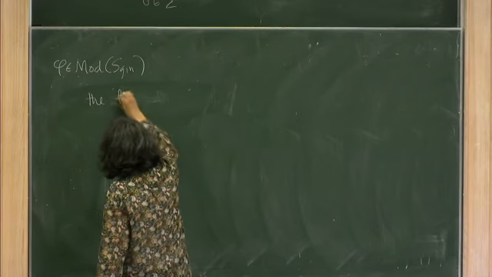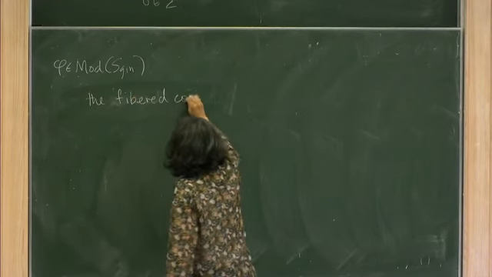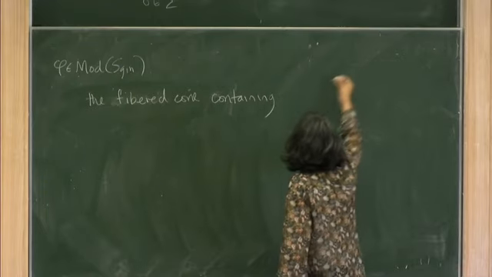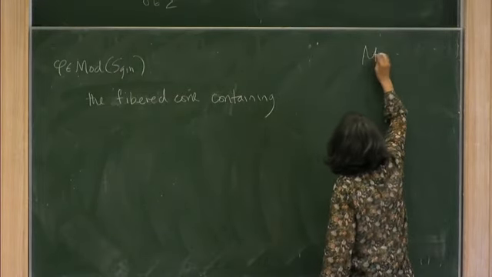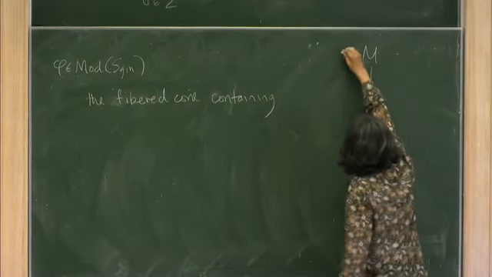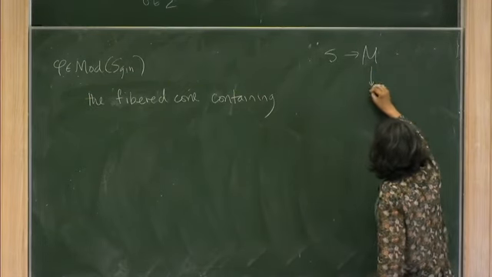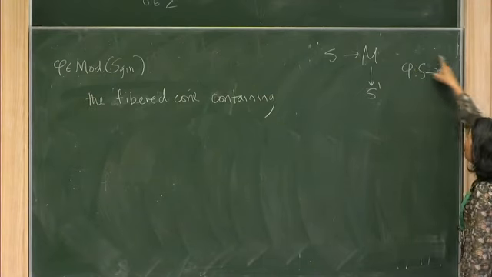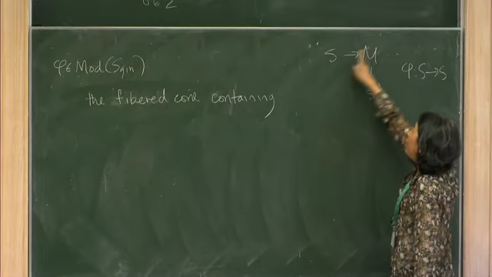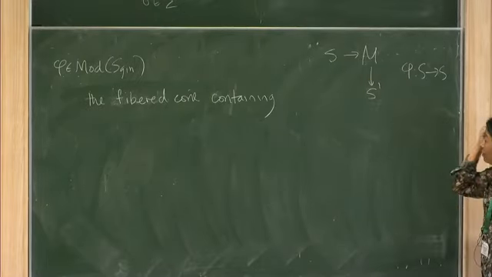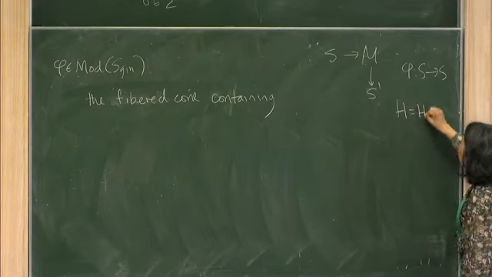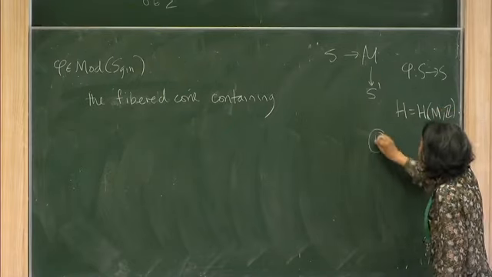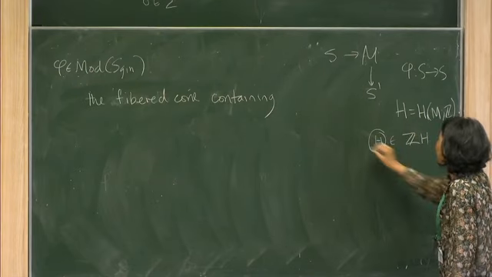The fibered cone containing the fibration, where M is the mapping torus. You have a fibration to S1 with monodromy C from S to S. So we started with this mapping class, and we made the mapping torus, which has a fibration. H is going to be the first homology of M with coefficients in Z. And so theta is in ZH, and so is delta.